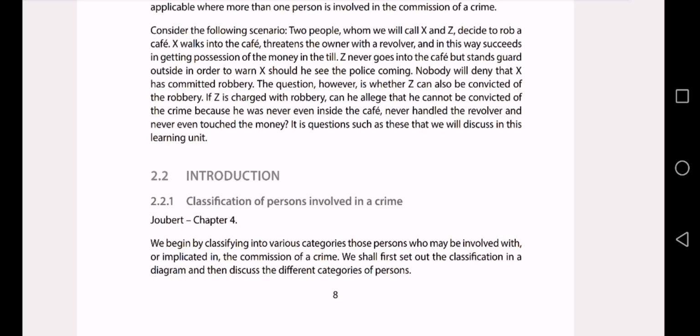Consider the following scenario. Two people whom we will call X and Z decide to rob a cafe. X walks into the cafe, threatens the owner with a revolver, and in this way succeeds in getting possession of the money in the till.